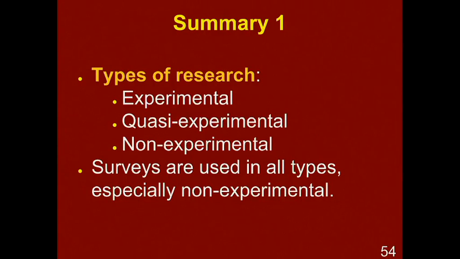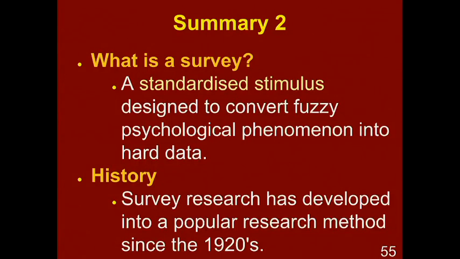Okay, so make sure you know your types of research: experimental, quasi-experimental, non-experimental. The key is groups for quasi-experimental and randomisation to groups for experimental. We can use surveys in all types, but they're especially used in non-experimental. Think of a survey as a measurement tool, a psychological tape measure for the phenomenon that we want, but it means we're going to have to do some good thinking about how to design our measure.